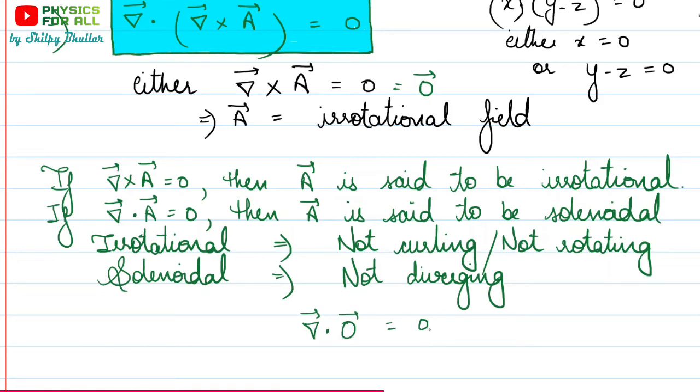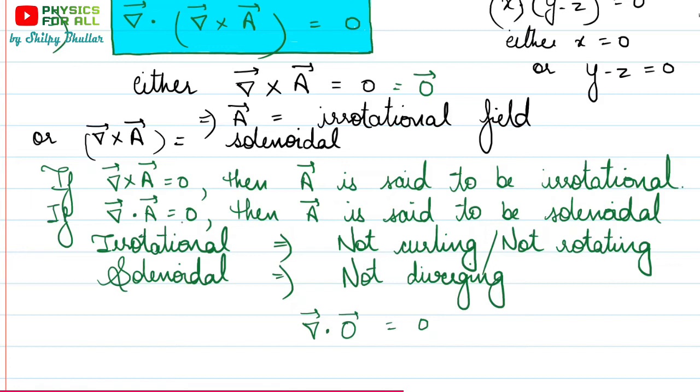So one thing is this: if del cross A is 0, then vector A is an irrotational field. So either vector A is not rotating, or secondly we can write that our del cross A is solenoidal, because you know that if you find divergence of any solenoidal field, then the answer obtained is always 0.